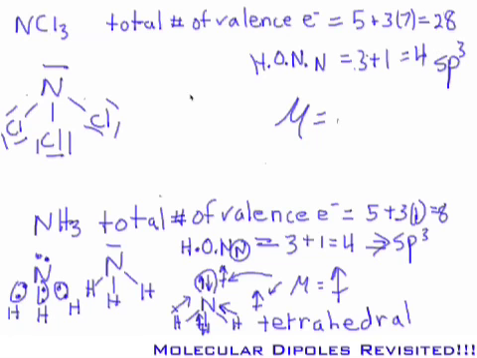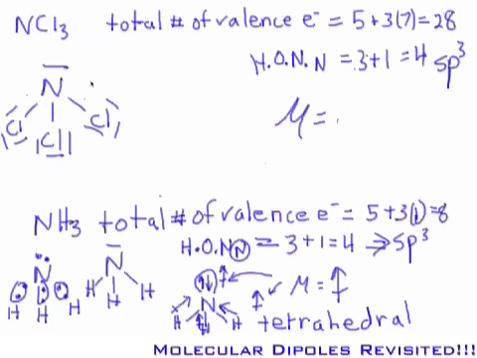The difference here, though, is it's a little more complicated because each of these Cl has lone pairs. It turns out that the lone pairs do have a small effect on the dipole, but we're going to ignore it. As I said before, we're going to focus on the dipole moment around the nitrogen and use that.